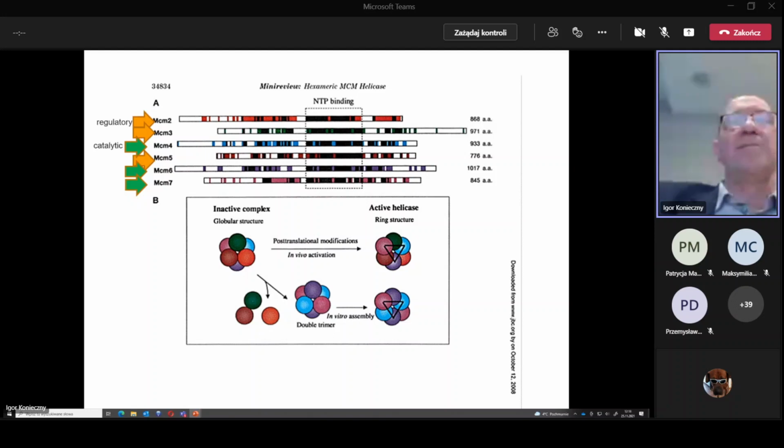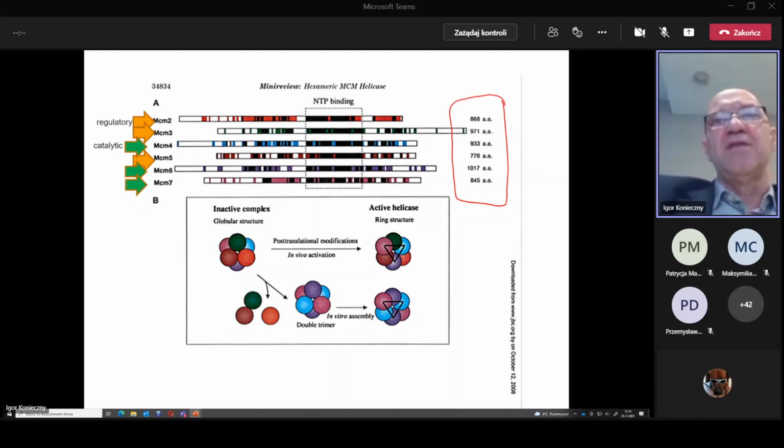the individual proteins, which are called MCMs, mini chromosome maintenance proteins, MCM2, MCM3, MCM4, MCM5, MCM6, and MCM7, and all of them have different sizes, different lengths of polypeptide chains.